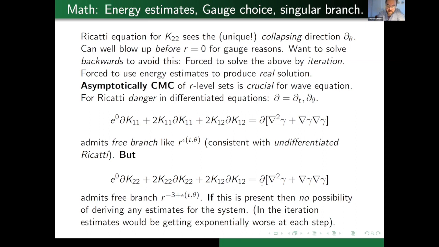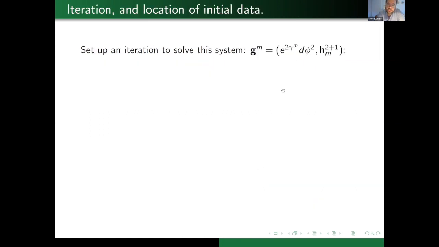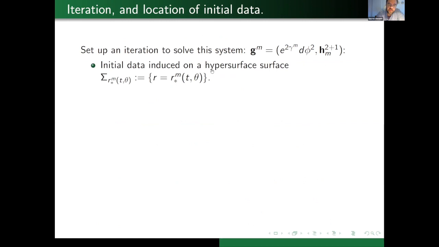So the grand scheme is an iteration scheme where I produce a sequence of metrics at each point, by first solving on an initial data hypersurface. In this gauge, the initial data needs to exist somewhere, and it's on a hypersurface that I need to solve for. I'm not describing that.